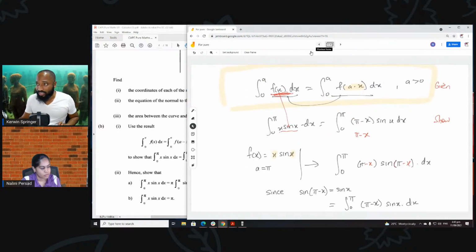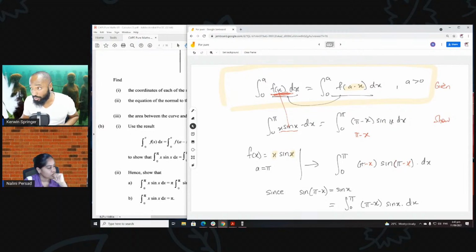So now if I have x sine x as the function, it's supposed to give me something with a minus x replacing the x. So I'm just replacing the x here with a minus x, and in this case, a is pi according to the limits. So I'm replacing the x with pi minus x, and I also need to replace this with pi minus x.